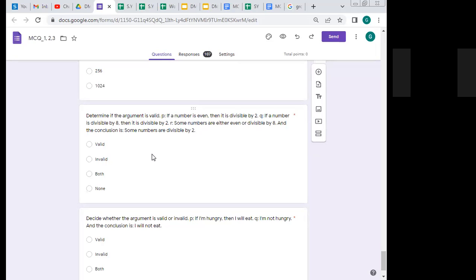And the third one is some numbers are either even or divisible by 8. Here it gets confusing. And lastly, the conclusion is some numbers are divisible by 2.